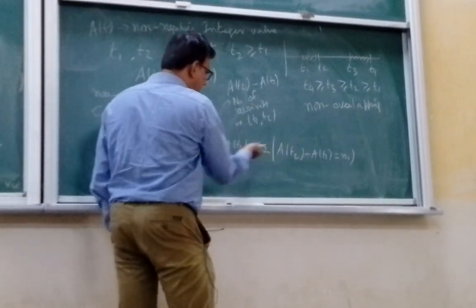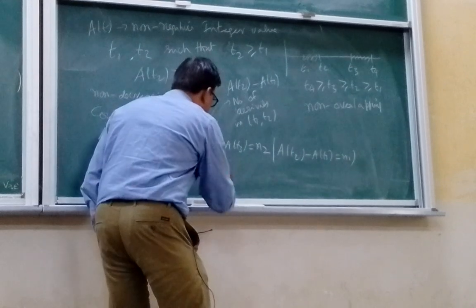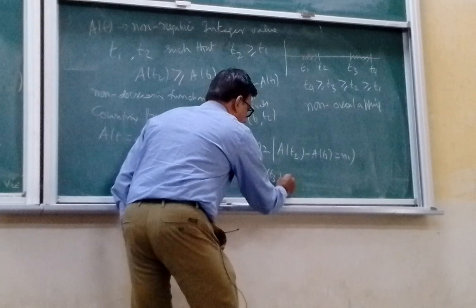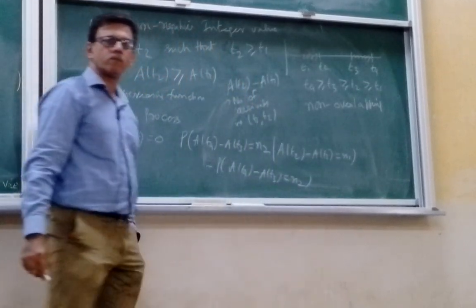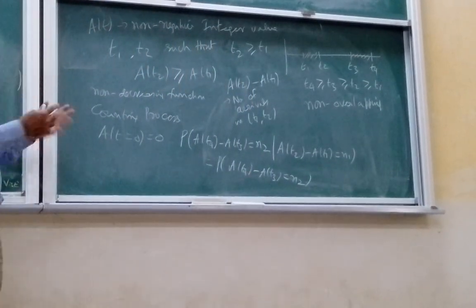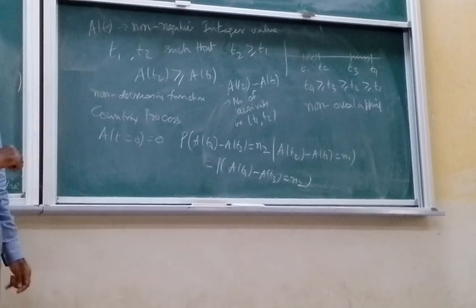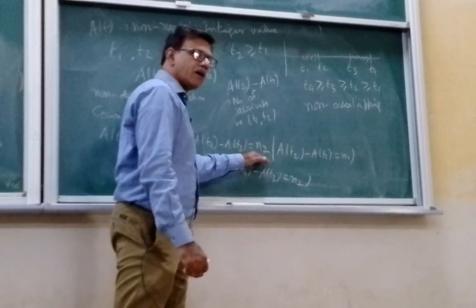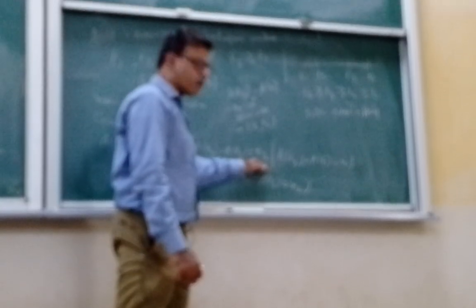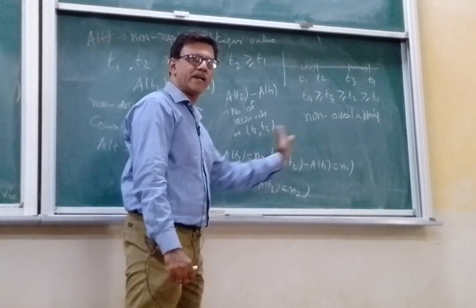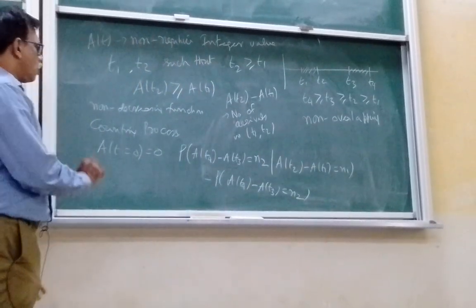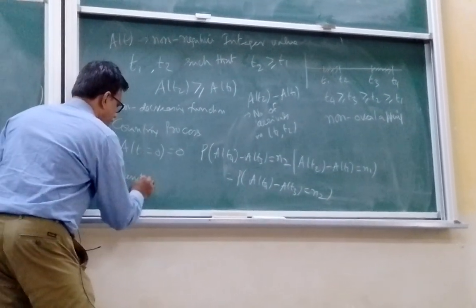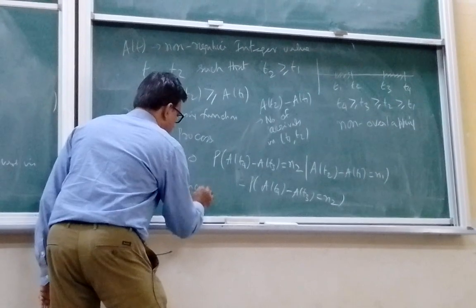This condition is not going to affect this one. It is equal to the unconditional probability. This is what the statement that they are independent really means. So the numbers of occurrences in non-overlapping intervals are independent. We will give a name for this: independent increment process.